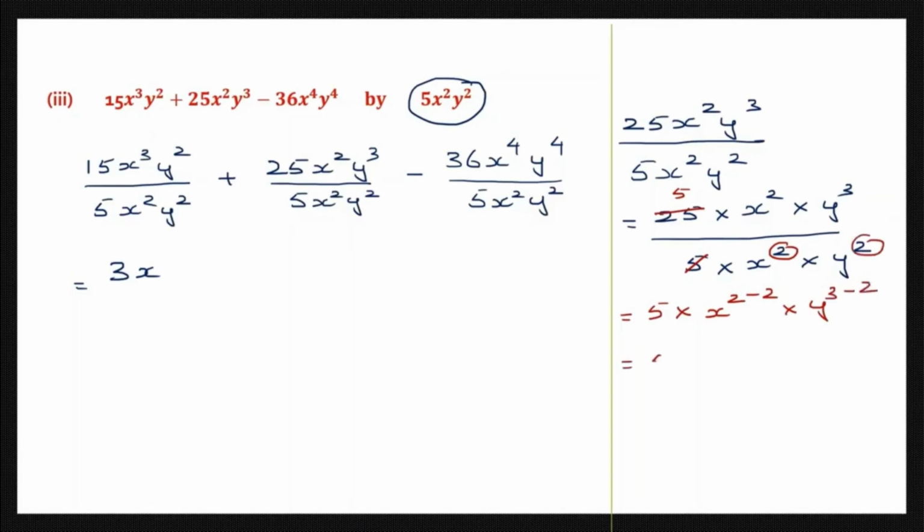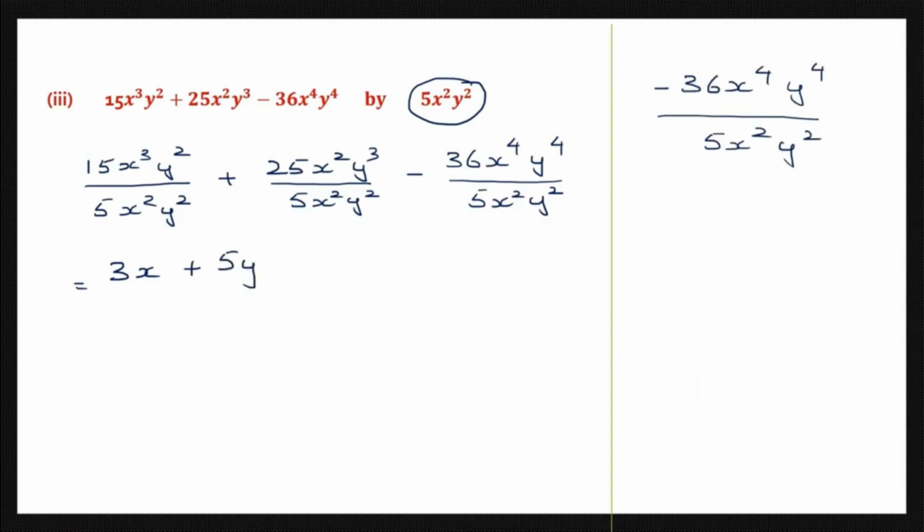So what do we have? 5 into x to the power of 0 into y to the power of 1, which is 5 into 1 into y, which is 5y. So here we have plus 5y.